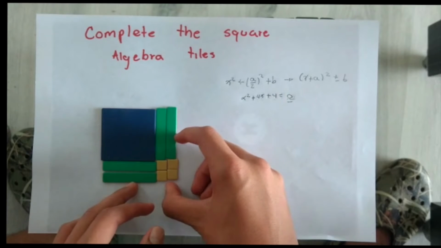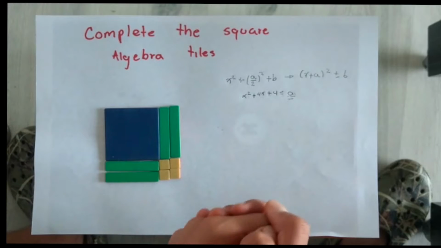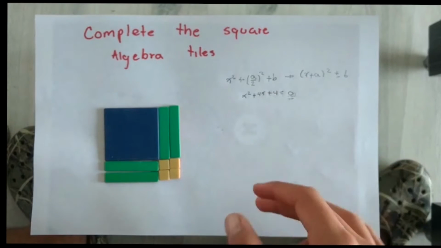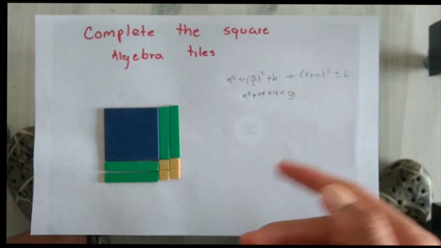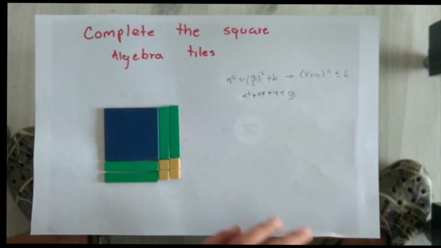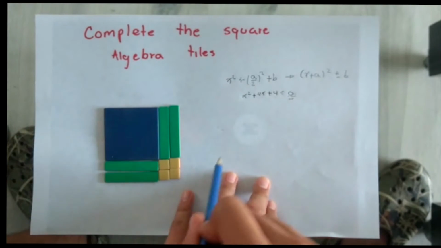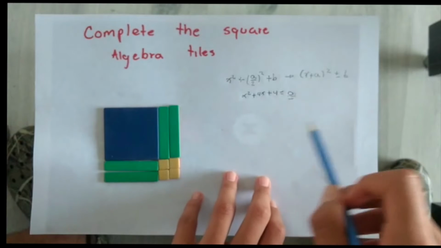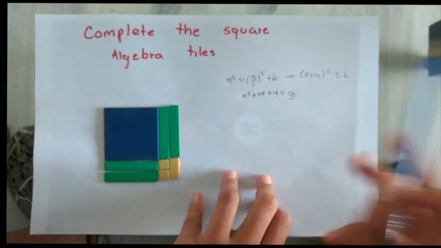How do we know this? Because without missing a piece, or without having an extra piece that we don't need, this will equal 0. Here we have a square, with all the pieces that were needed by the question.